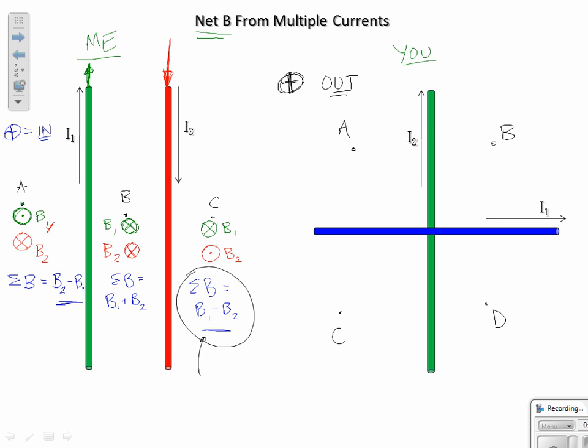We could write this B1 as mu naught I1 over R1 minus mu naught I2 over R2, where this would be R1 and this would be R2. Fair enough?